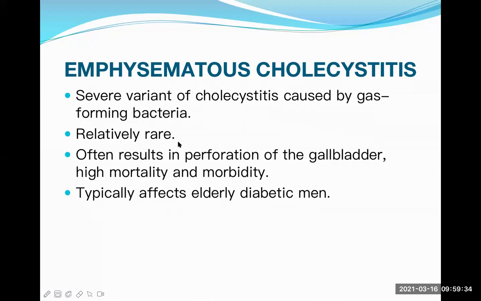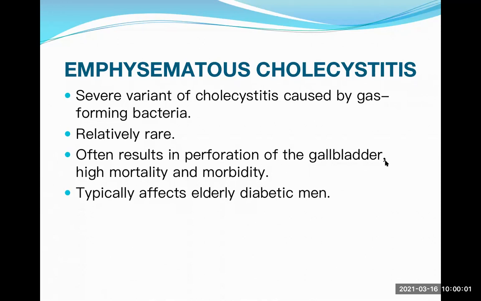This is a relatively rare condition, but it often results in perforation of the gallbladder, which has high mortality and morbidity. If the gallbladder is perforated, whatever content it has, that is concentrated bile, will leak into the peritoneal cavity.